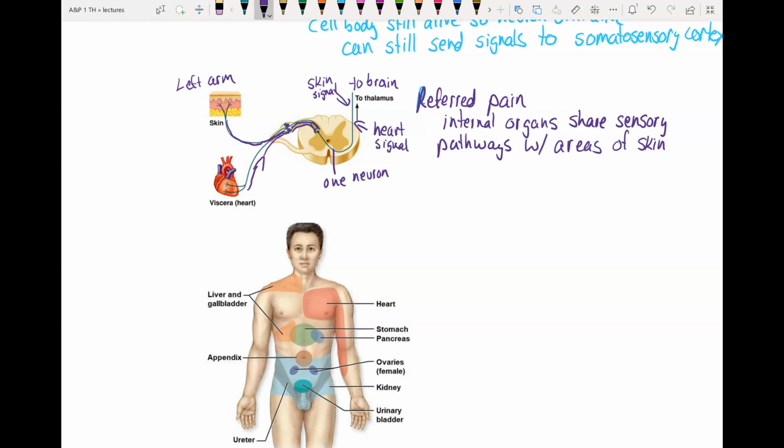So when your brain gets the signal, it's not entirely sure if it came from the skin of your left arm or your heart, because they both share the pathway. So your brain can't distinguish which sent the signal.